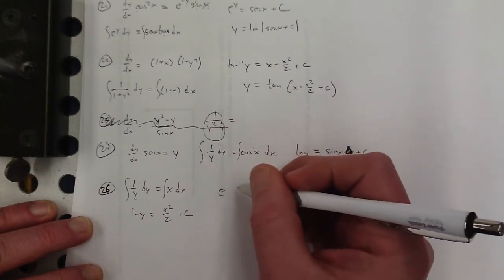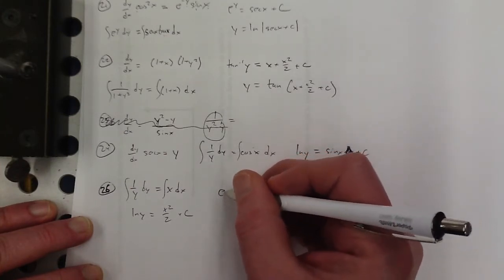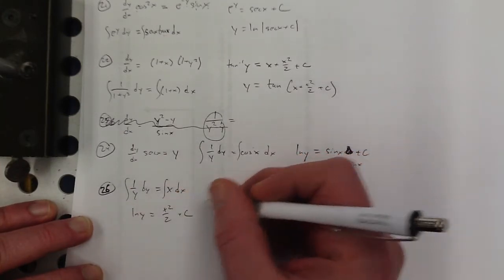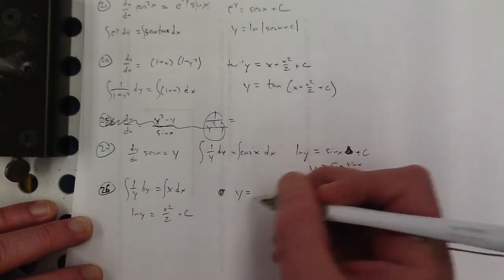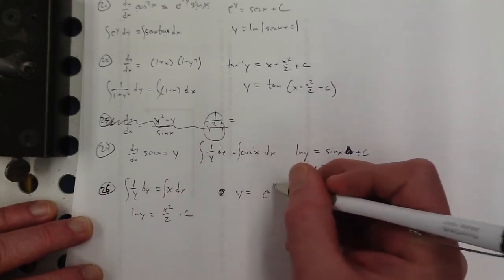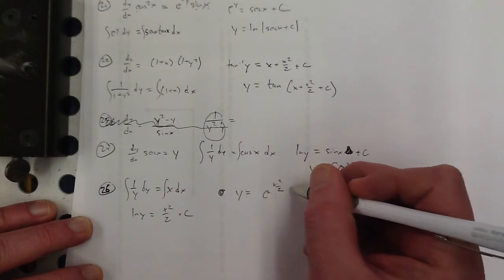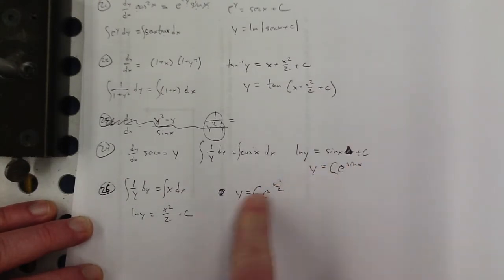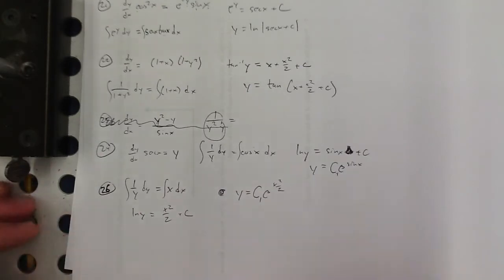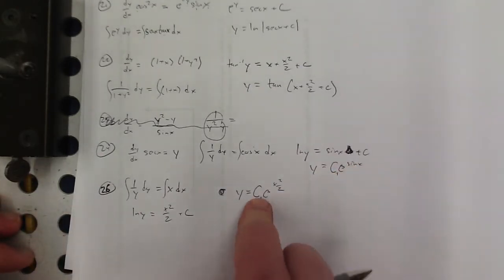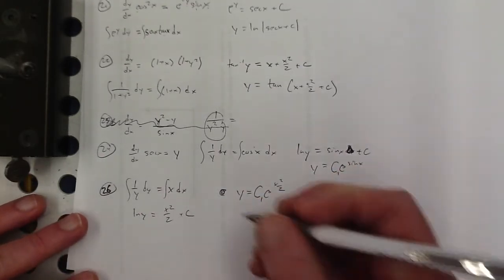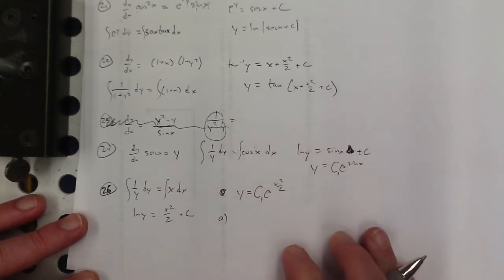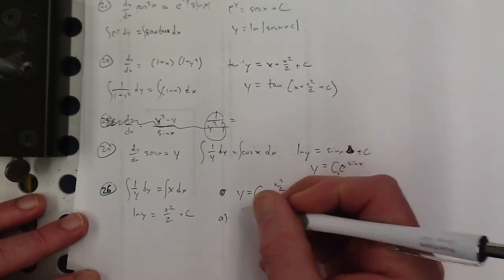e to that, it just gives me y is equal to e to the x squared over 2 plus c, but that can come down because that's just like e to the c, so it's just another constant. All right, so there's my general solution, and then I want the particular one for a, the point 0, 1.